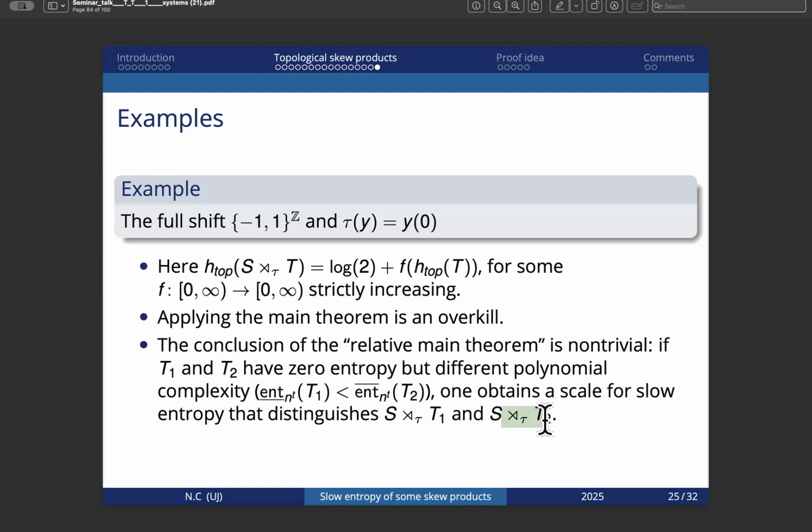But there will be a sub-exponential factor, which comes from T, which could be like, I'm not sure, n squared, a polynomial quantity, which disappears in the exponential scale. But this exactly tells you that you can cook up weird scales that cancel the exponential contribution and capture the sub-exponential one.